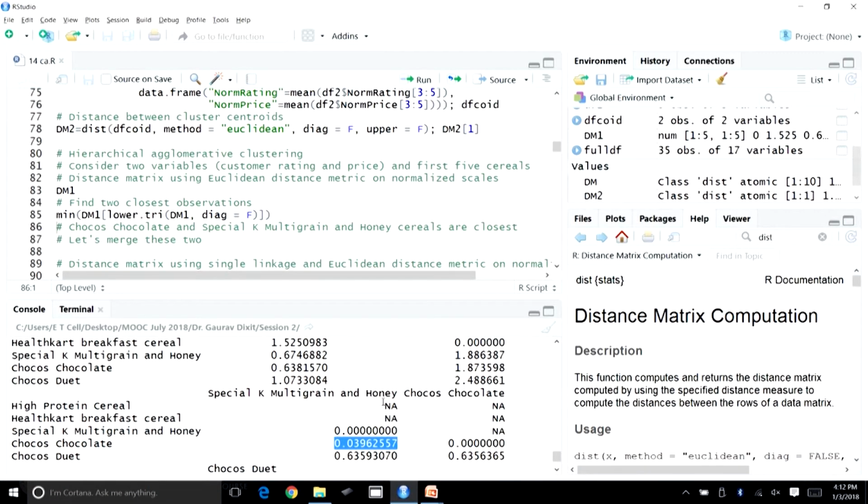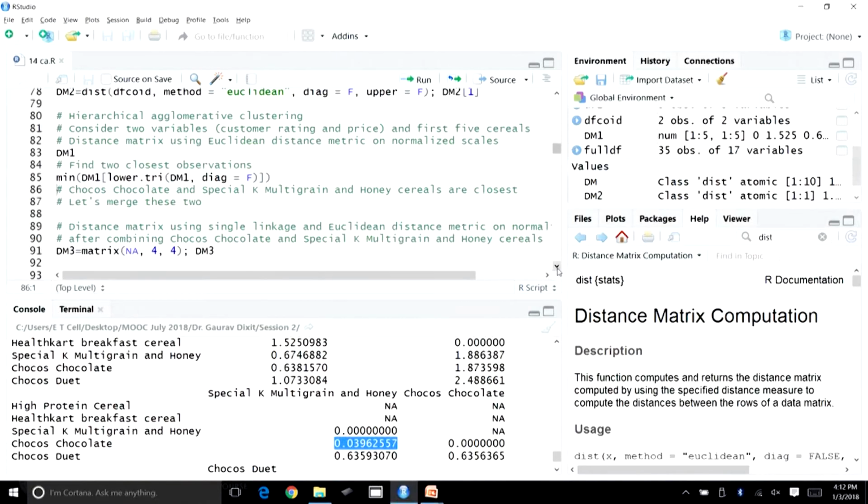As indicated in the algorithm step, now we will merge these 2 observations, Choco chocolate and Special K multigrain, to form one cluster, and then we will have the remaining observations as individual clusters with a single item.